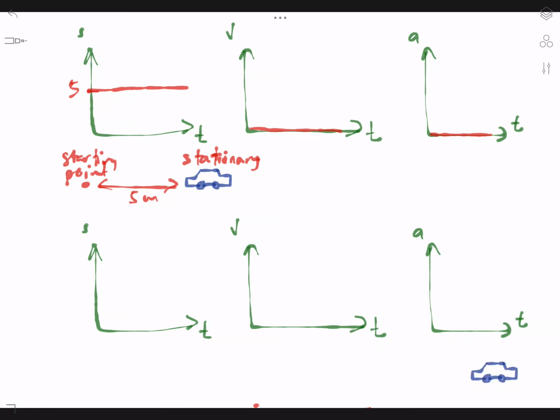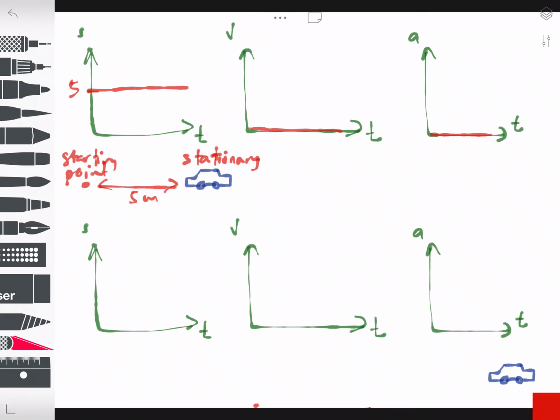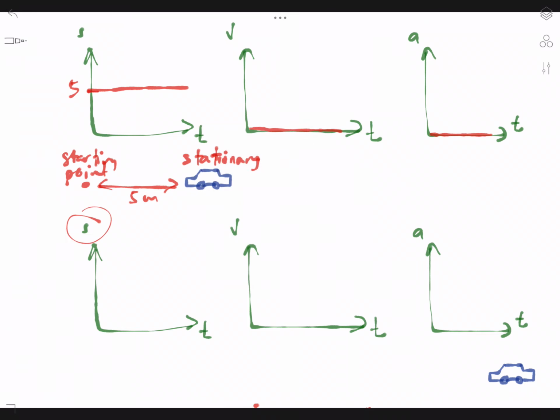It is not accelerating, it is just moving at constant velocity. So when it's moving, the displacement will increase at a constant rate like this. As time passes, the displacement also increases, so we have a straight line like that.